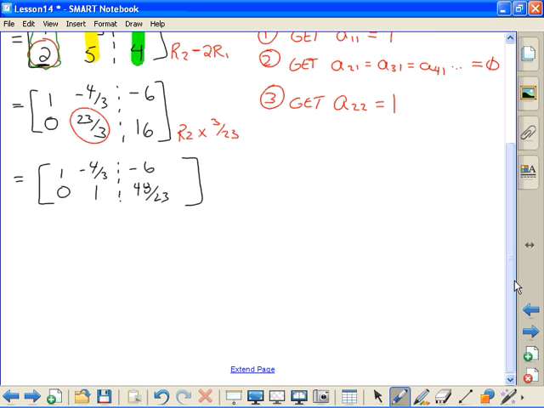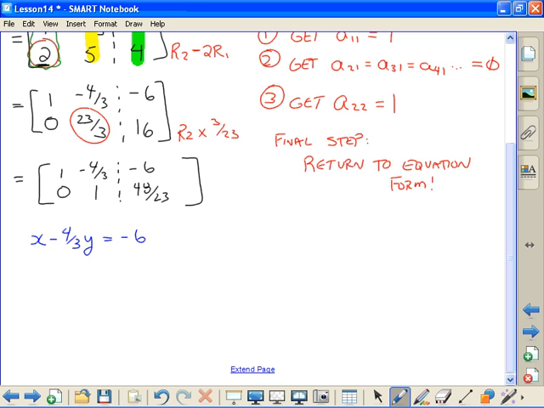So what does that mean now? Well, your final step then. So final step, return to equation form. So the first equation will be x take away 4/3 y equals negative 6.